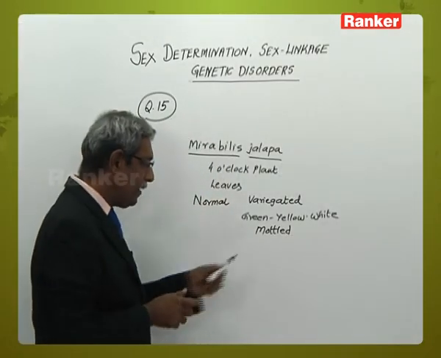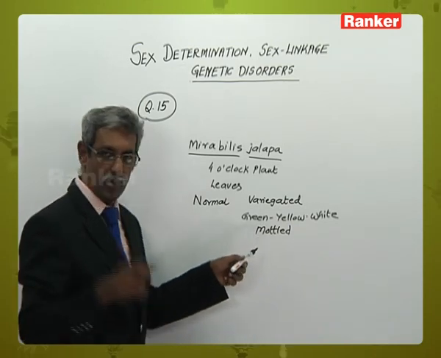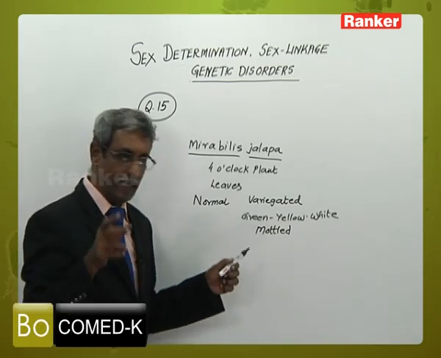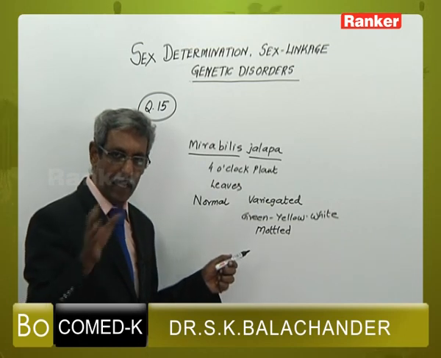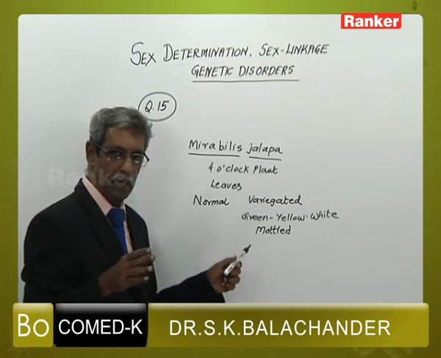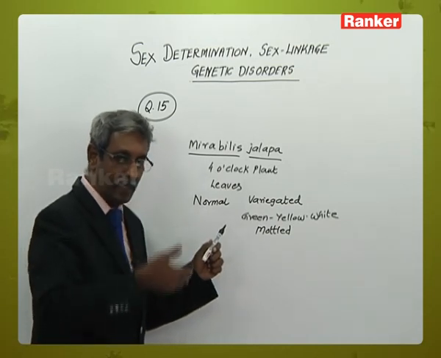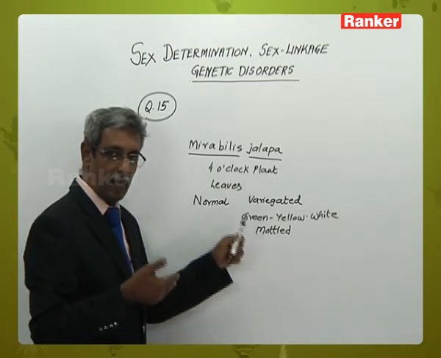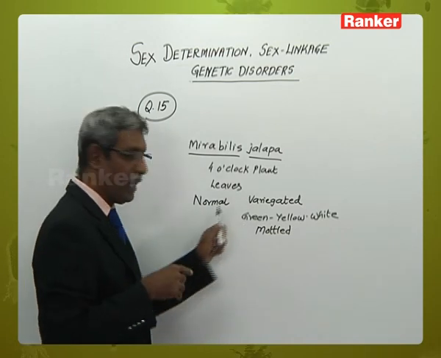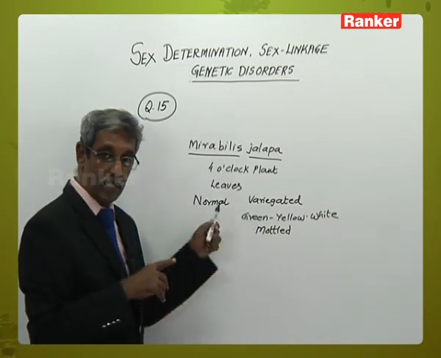Now, mottled leaves are inherited, as you understand from the problem. In the problem, it says there are different sorts of combinations which occur. So, in an objective question, we don't have to go through the pattern of inheritance, but we have to know that there could be two variations, and these variations are inherited.